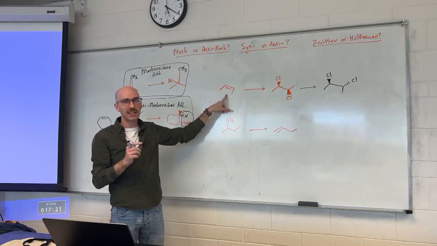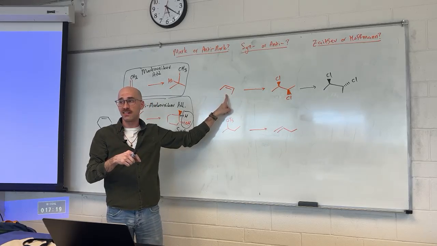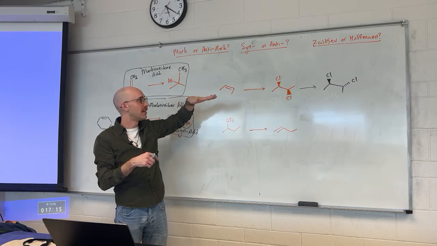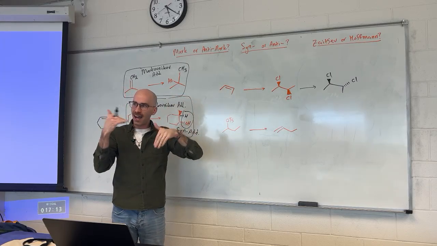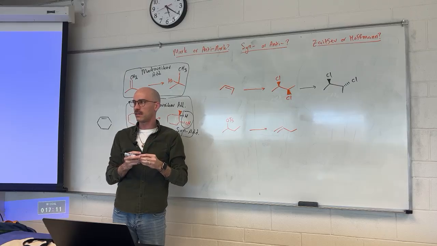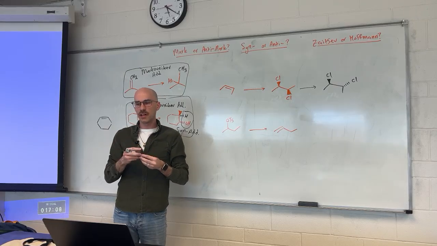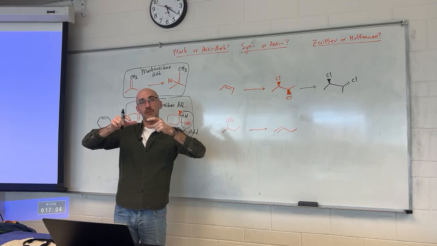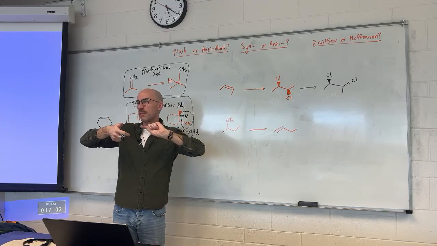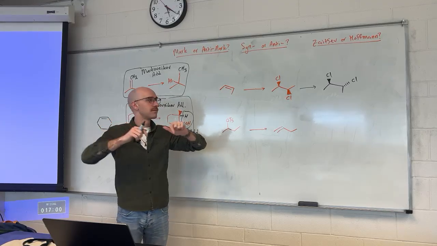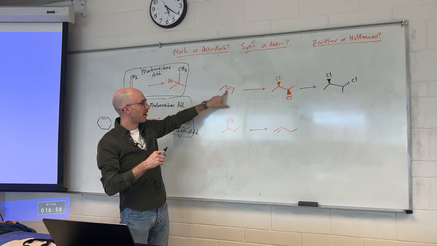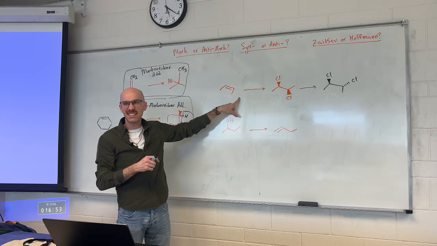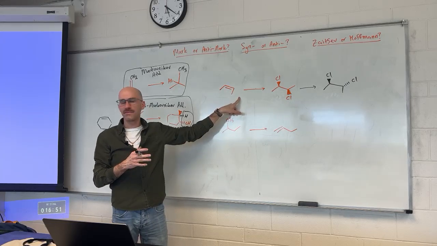Yet, this reaction is either syn addition, they add to the same face of the flat alkenes, or it's anti-addition, they add to opposite faces of the flat alkene. This is something we'll talk about more next week, but alkenes are not allowed to rotate around their pi bond. It breaks the pi bond by doing that. So this pi bond reacts in this zig-zig configuration.